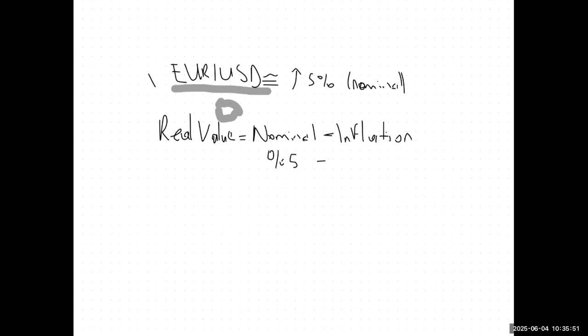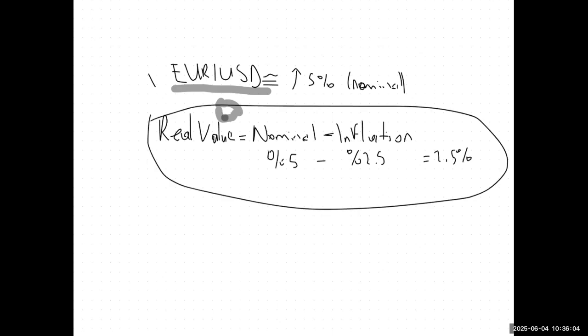It is around 2%, 2.5%. So what is my real return? 2.5% real purchasing power if I put my money at the beginning of the year in Euro USD parity. Okay, I'm not losing money. In real terms, my purchasing power is increasing if I buy the euro against the dollar in the euro area.